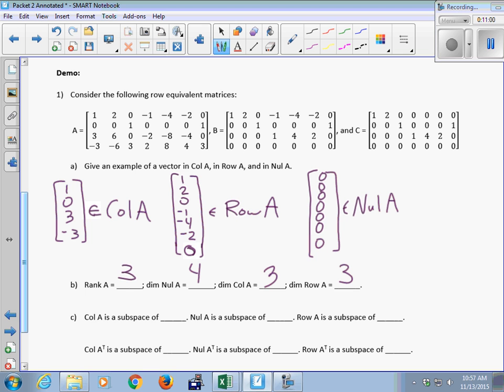The rank of A is the dimension of the column space or the dimension of the row space. The dimensions of the column space and the row space are always the same. There are 4 rows, yeah, but there are only three vectors in a basis for the row space, because the 4 rows of A are not linearly independent. You can get rid of one and still have a basis. Okay.